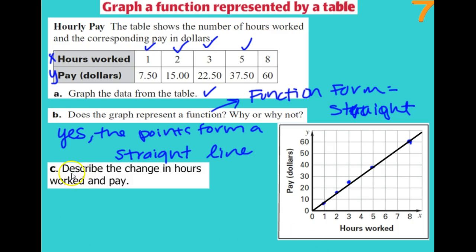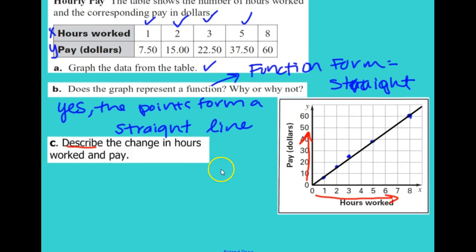And then last it says describe, so that means you're going to use some words here. Describe the change in hours worked and pay. So as our number of hours worked is going up, what's happening to our pay? Our pay is also going up. So you could use words such as going up, increases, gets larger, however you want to describe it.